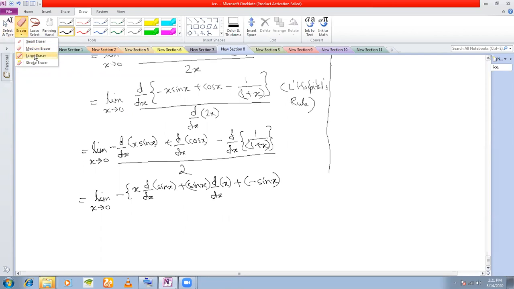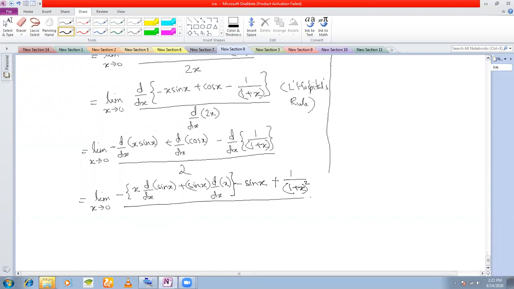Let me straight away write it, because in the next step again I will have to simply write minus sin x. d/dx cos x is minus sin x, and d/dx of 1 by 1 plus x will be, first you differentiate 1 by x, into d/dx of 1 plus x. So this is minus of minus 1 by 1 plus x square, which becomes plus 1 by 1 plus x square. No problem with this differentiation? No, sir. And you close the curly brackets here. So divided by 2.